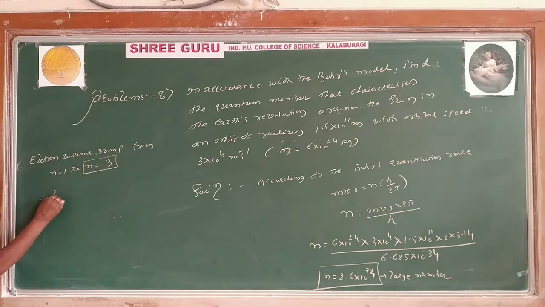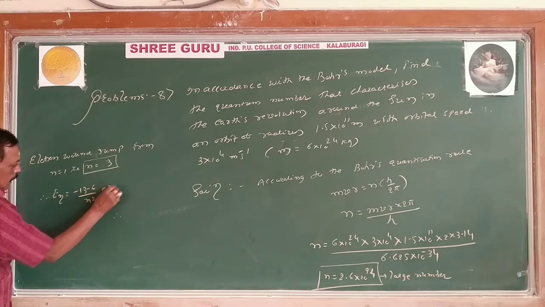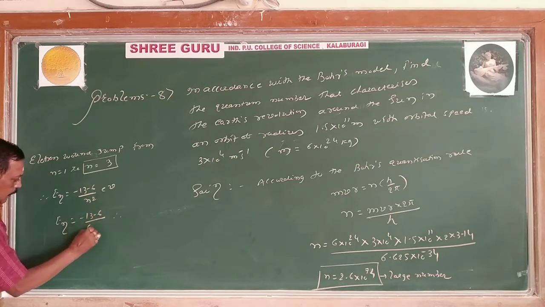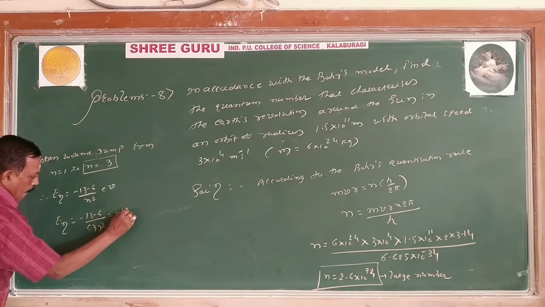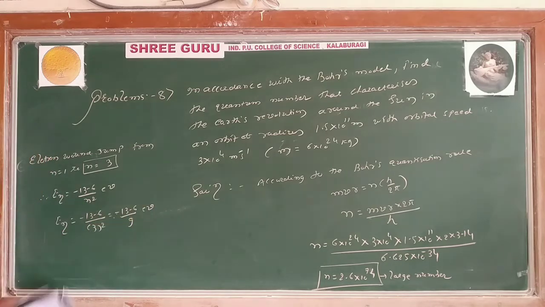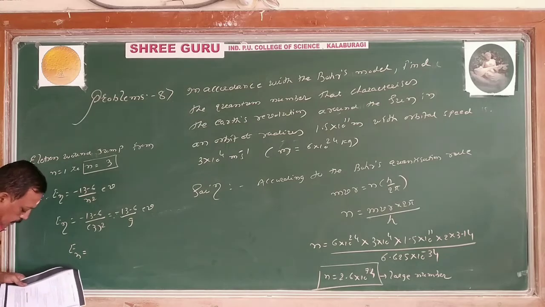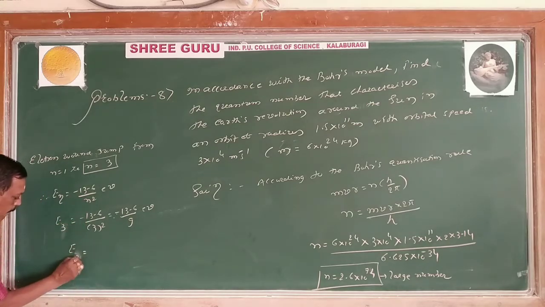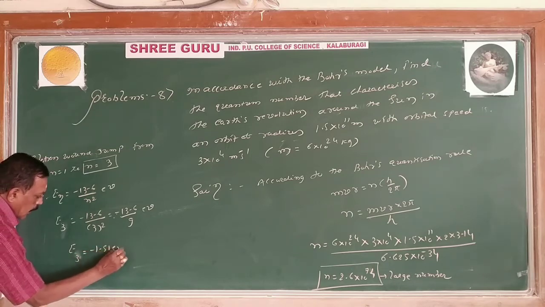Therefore, the nth orbital energy equals minus 13.6 divided by n square electron volt. That is the third orbital, E3: minus 1.51 electron volt.